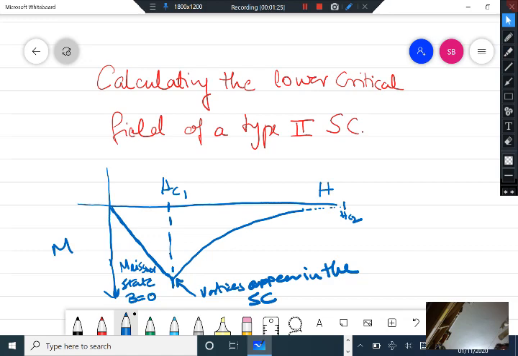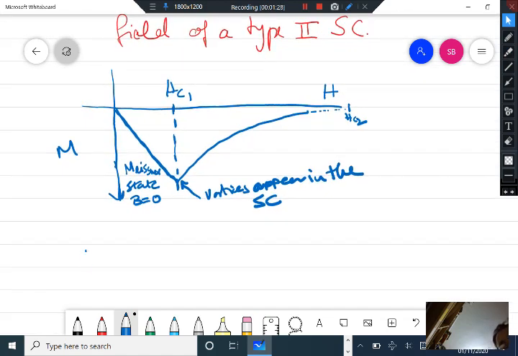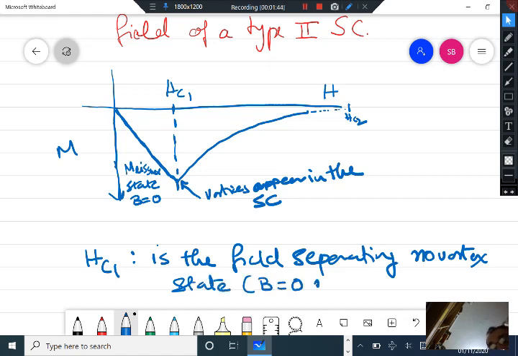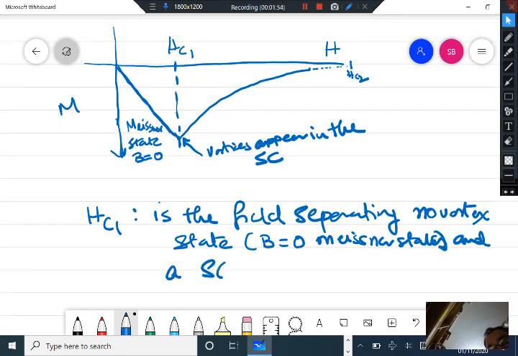HC1 is the field separating the no vortex state, namely B equal to 0, the Meissner state, and a superconductor with a vortex in it.